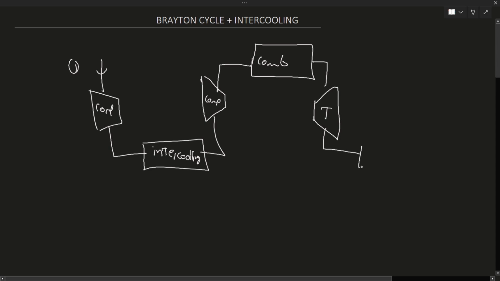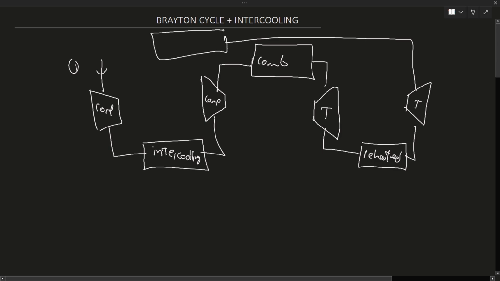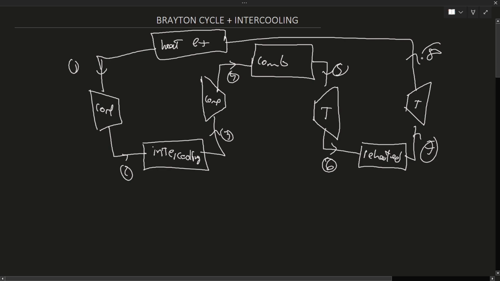After your turbine, the air gets reheated into another turbine. Then it goes into a heat exchanger, back into step 1. This over here is step 2, step 3, 4, 5, 6, 7, 8.